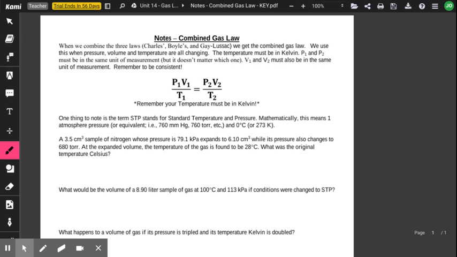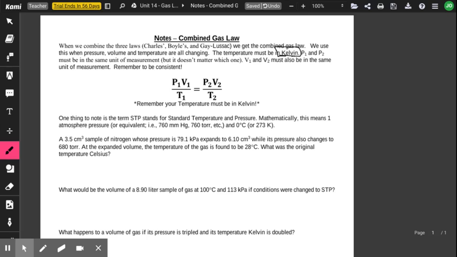Now, this does involve math. And so with this, we are constantly looking at the changes that are occurring in our pressure, volume, and temperature. Okay. Now, something to note. When we're doing this, your temperature does need to be in Kelvin. Every single time, your temperature needs to be in Kelvin.